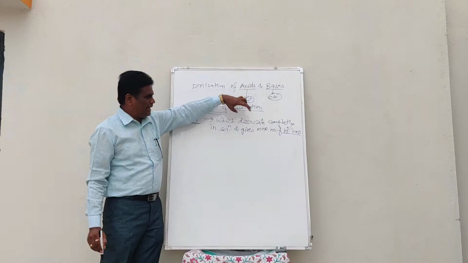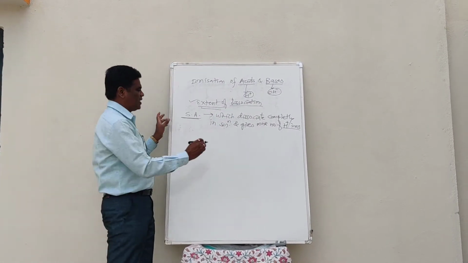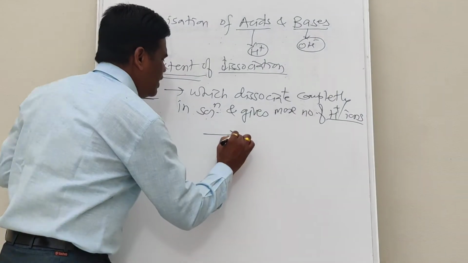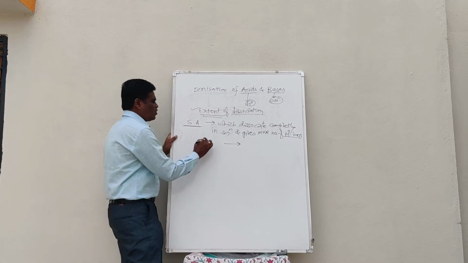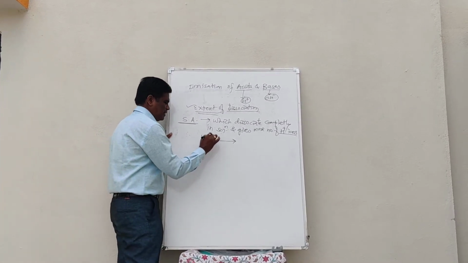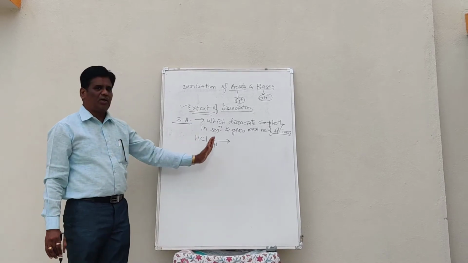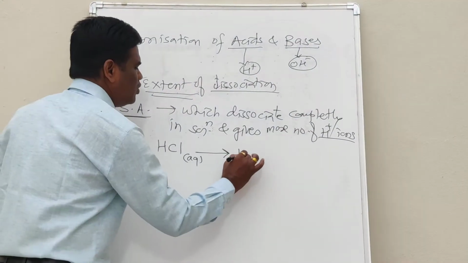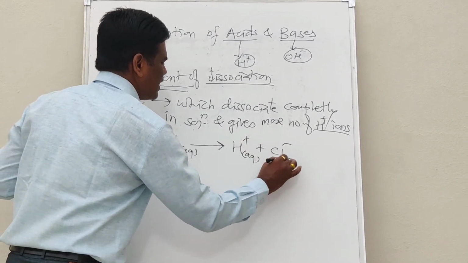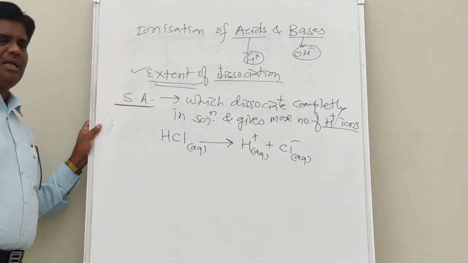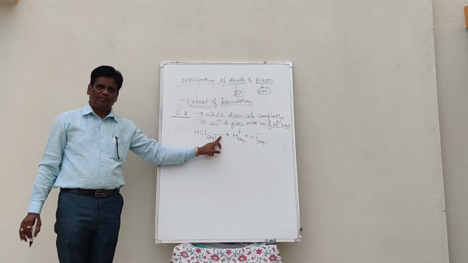Once they dissociate completely, their ionization or dissociation can be shown by only one arrow. For example, HCl is a strong acid. In aqueous media it dissociates into H plus aqueous and Cl minus aqueous ions. So this is called ionization of strong acid, and it can be shown by a single arrow.